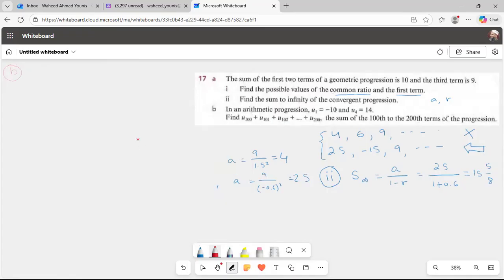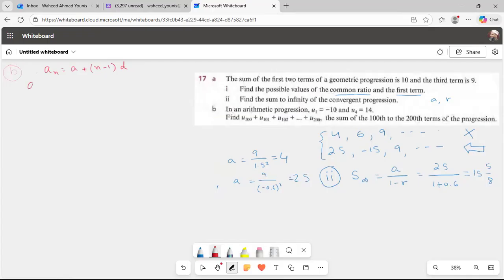Okay, part B. If an arithmetic progression, you remember the arithmetic progression, the nth term is given by A1 plus n minus 1 into D, right? Okay, so in an arithmetic progression, first term is minus 10 and fourth term is 14.